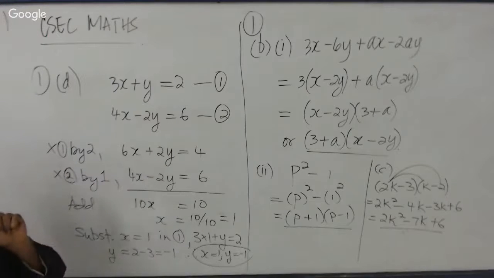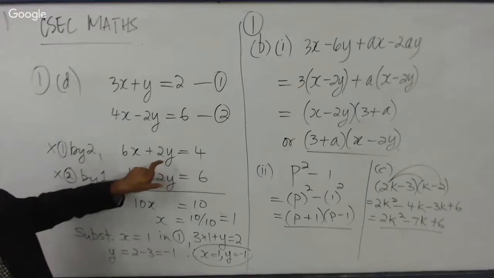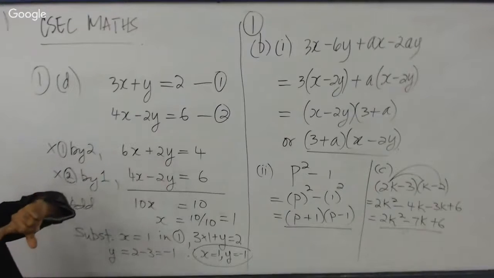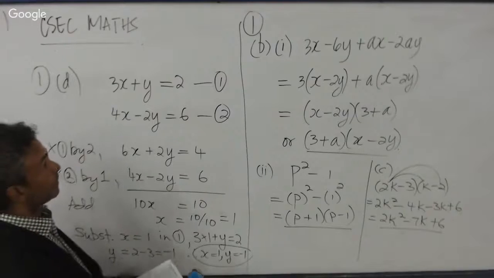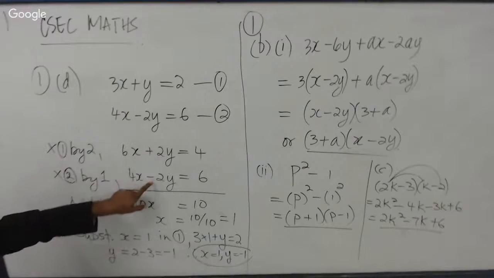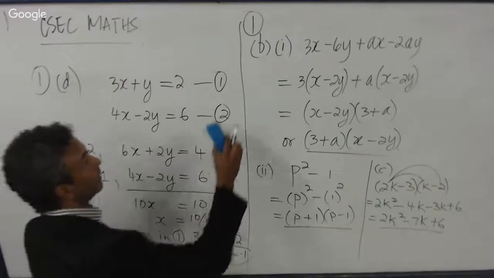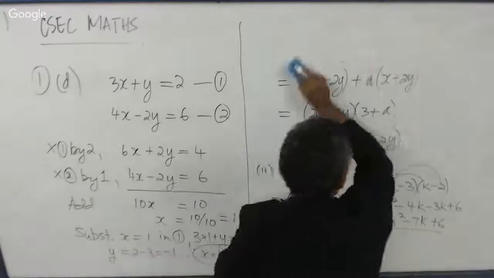When the signs are the same for the unknown you're eliminating, you subtract. If you had a plus 2y and a plus 2y, you would subtract the equations. Okay. Good.